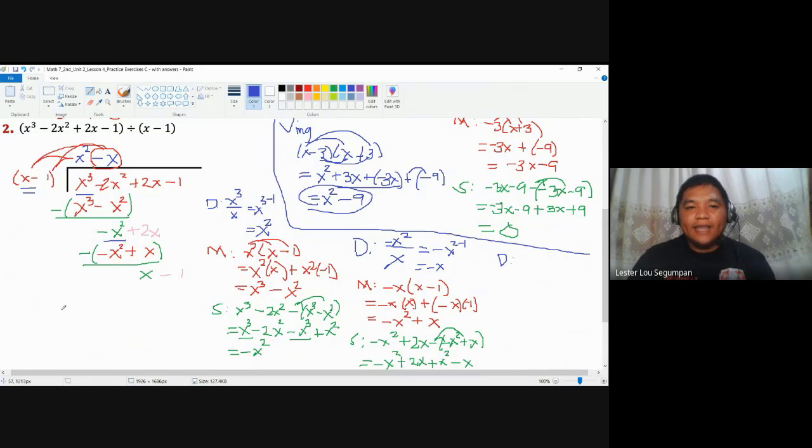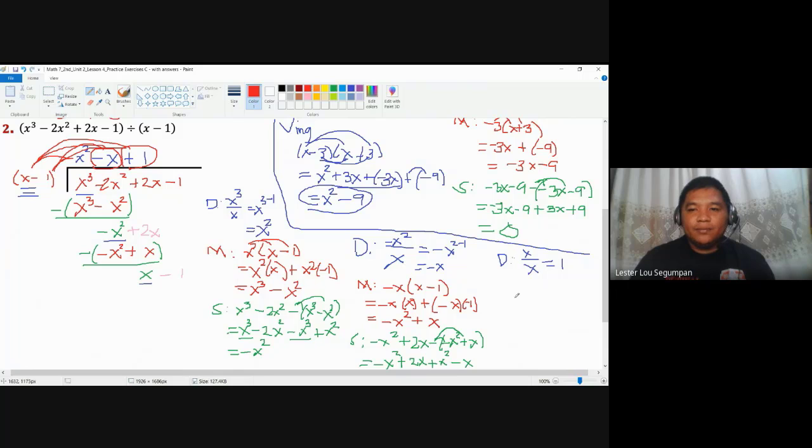We expect a third cycle because this is a multinomial by binomial. So x divided by x is simply equal to 1. Positive 1, so you have here plus 1. And then you multiply this whole here and then here.